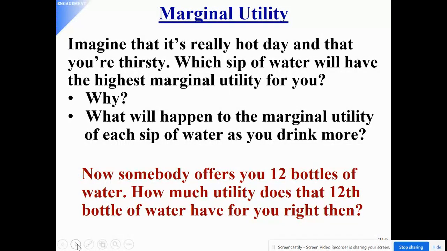Right? So every time you continue to take a drink, those first five, six, seven drinks of water, or even the first two or three, if it's really hot, the first two or three bottles of water might give you the greatest satisfaction. But over time, your marginal satisfaction, your marginal utility, will start to fall.